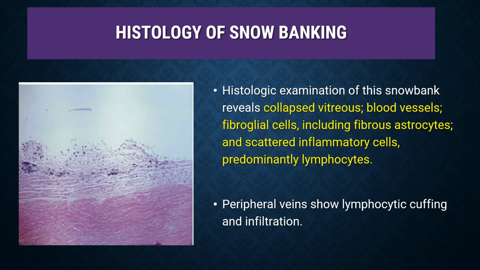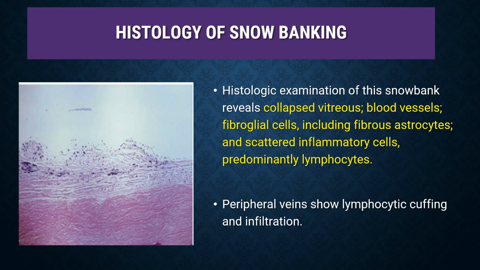This histology was actually studied on enucleated eyes, and what they found on histological examination was that snow banks consist of vitreous strands, that is collapsed vitreous. Along with that, some blood vessels are present, fibroglial tissue, including the fibrous astrocytes, and you will have scattered inflammatory cells, predominantly lymphocytes.